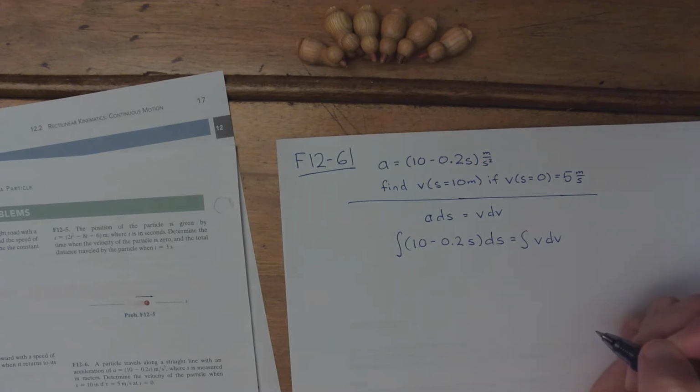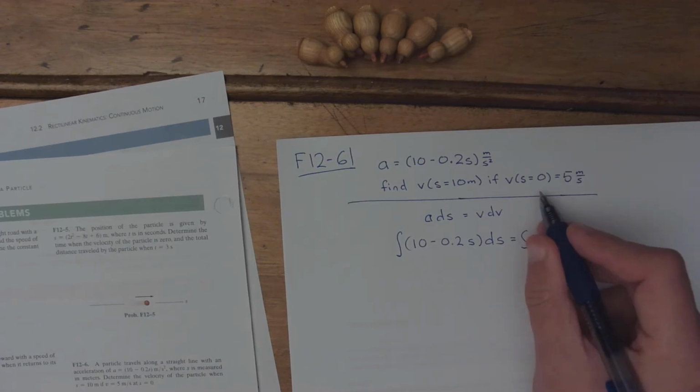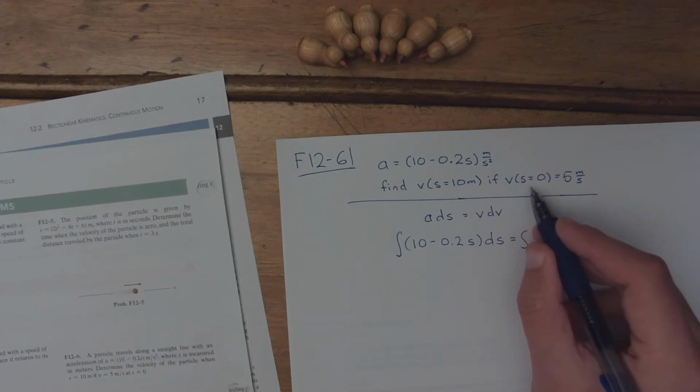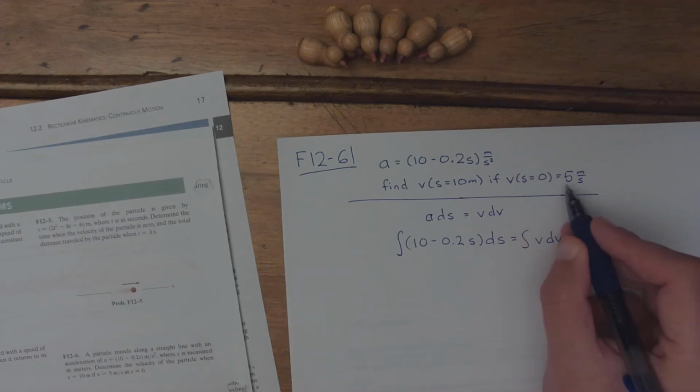So I could say I'm integrating from s1 to s2 and from v1 to v2, but for my lower limits of integration, I want to use the known quantities that they're giving me here. So when s is equal to 0, the velocity is equal to 5 meters per second.